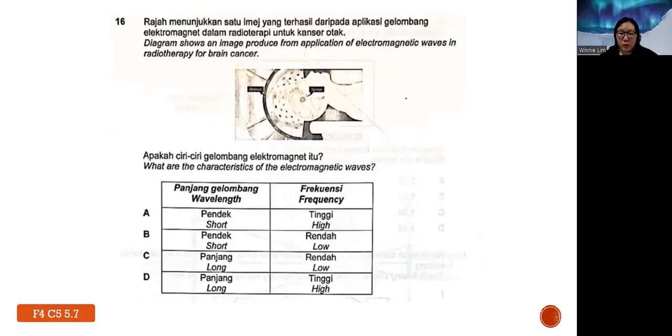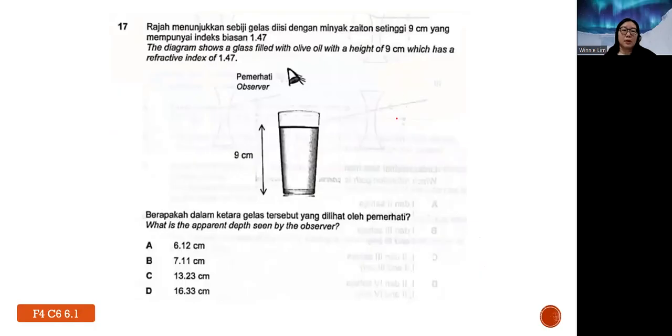Okay, then we move on to the next question. The diagram shows a glass filled with olive oil with a height of 9 cm, which has a refractive index of 1.47. What is the apparent depth seen by the observer?